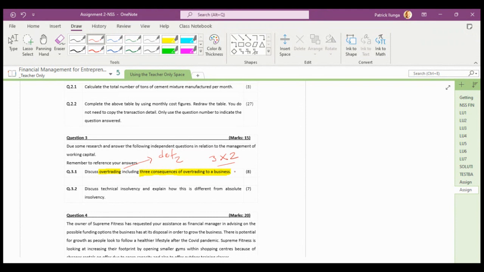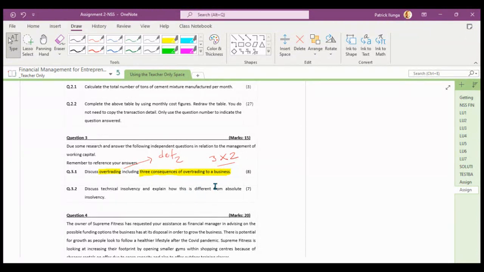I've seen somebody write more for 7 marks than for 8 marks. So you need to look at the question and how many marks it carries, and see how much you need to write versus another question, so that you don't end up writing too much. Marking is quite straightforward.